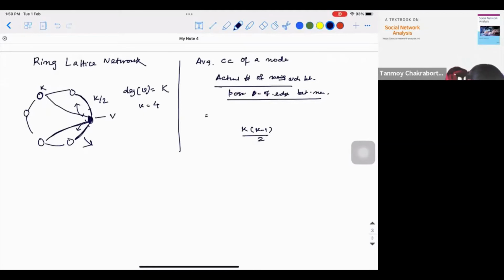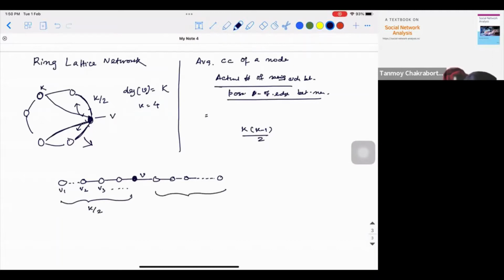If we unfold it, say this is V, and you have V1, V2, V3, and so on. So how many neighbors are here? K by 2 till this part, and here also K by 2, right?